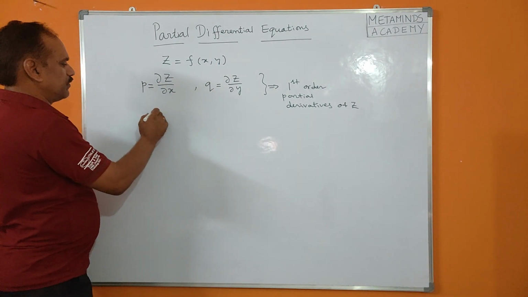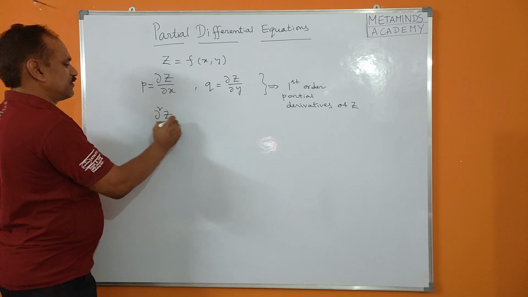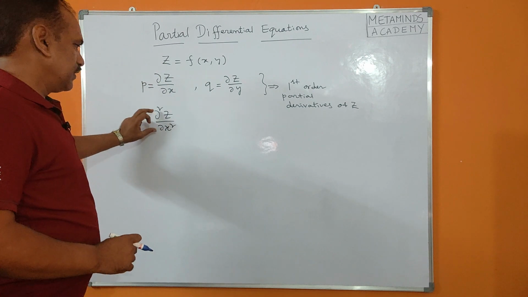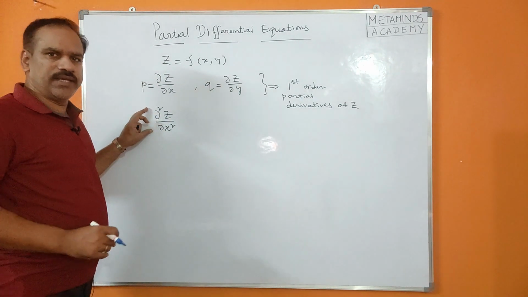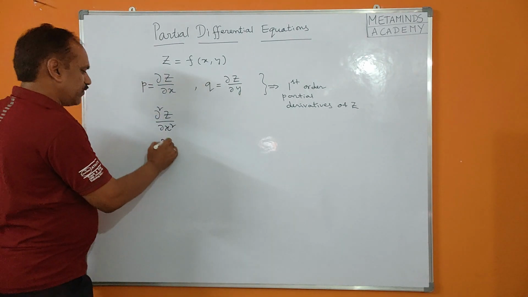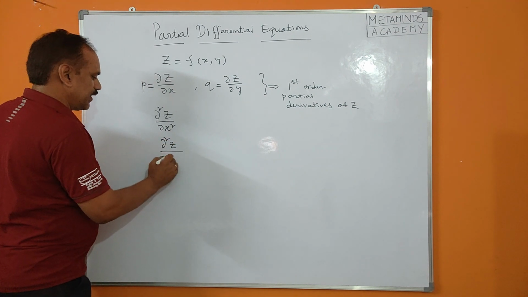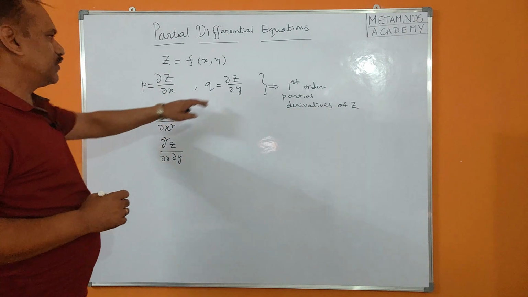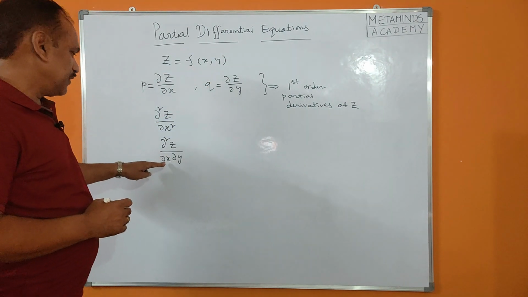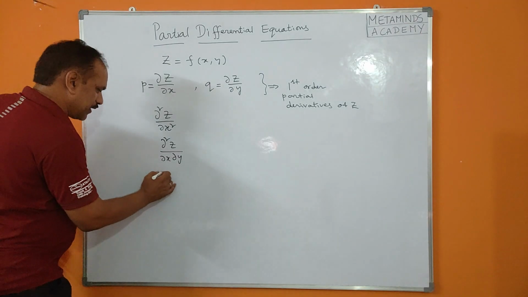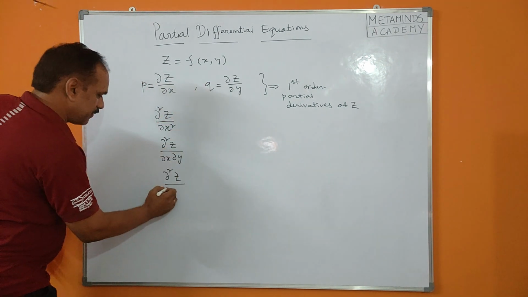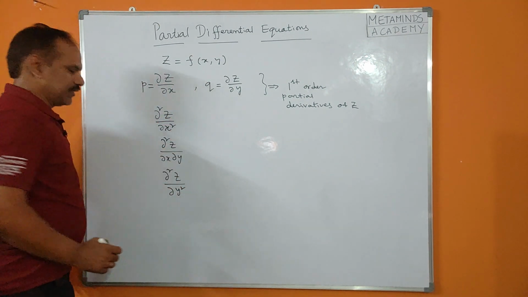Suppose you take dou square z by dou x square, that means we are differentiating dou z by dou x again with respect to x, and dou square z by dou x dou y, that means we are differentiating dou z by dou y again with respect to x. Or you can differentiate dou z by dou y with respect to y again.